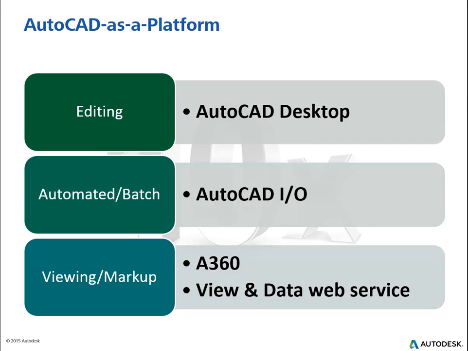So AutoCAD desktop is basically AutoCAD as a platform on the editing side; for automated and batch processing, the AutoCAD I/O; and for viewing and markup, we have AutoCAD 360 as a part of A360 services. And we have the View and Data web services where we can view this model.